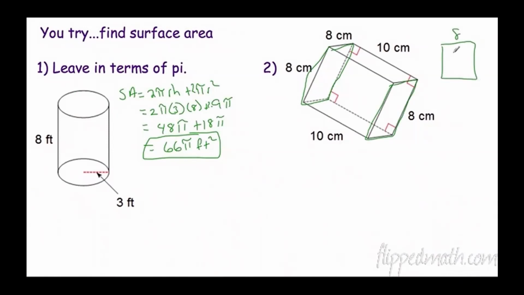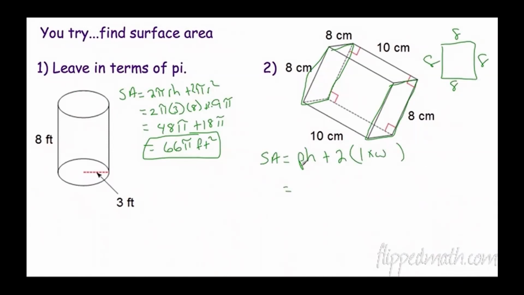If that's 8, this is 8, this is 8 and 8. All right, so surface area equals the perimeter times the height plus 2 times, what's our formula for finding the area of the base on this? Length times width, right?